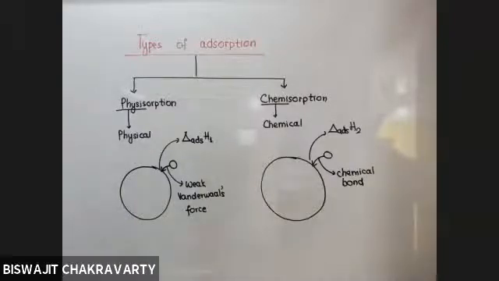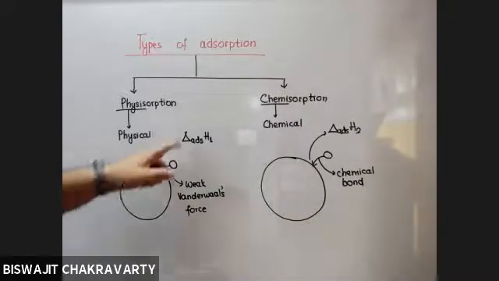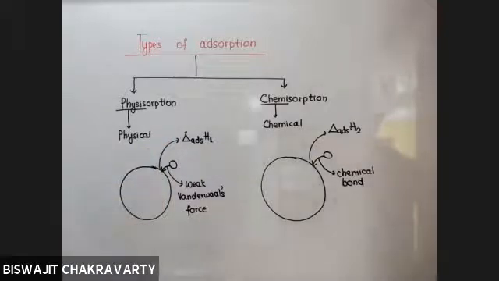Because it's a chemical reaction, and during a chemical reaction, chemical bonds are formed, so the energy released will be very high, because obviously the stronger the interaction, the more energy is released. But here relatively the amount of energy released will be lesser.